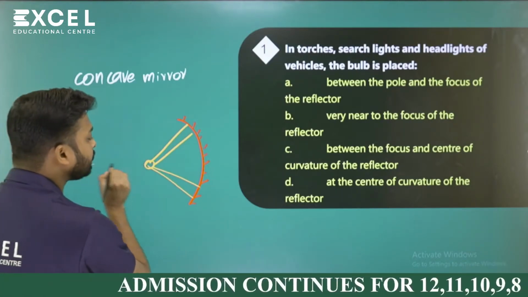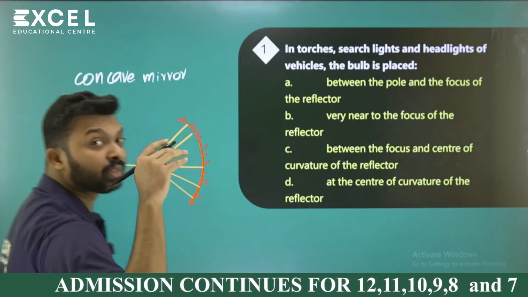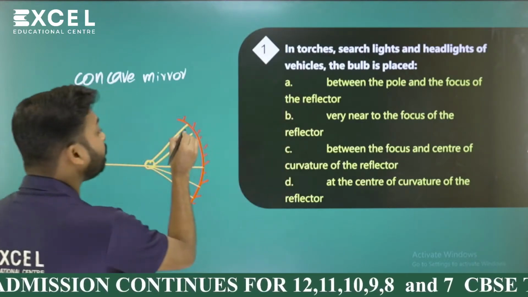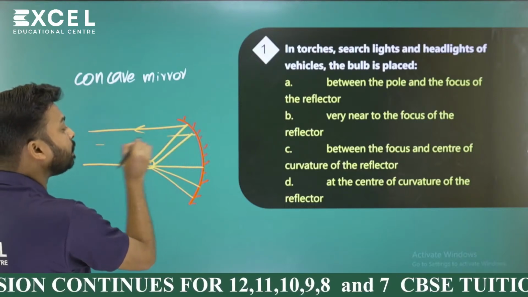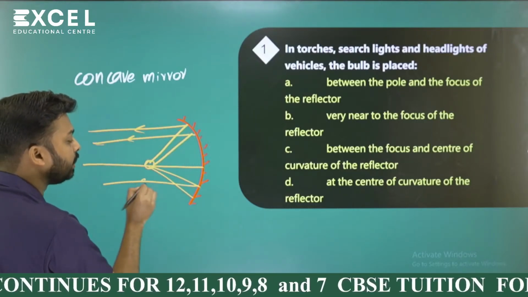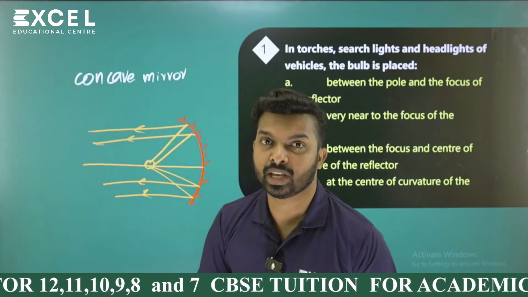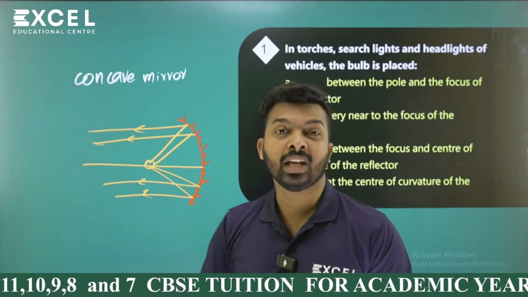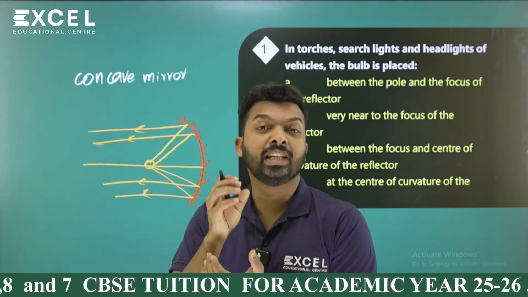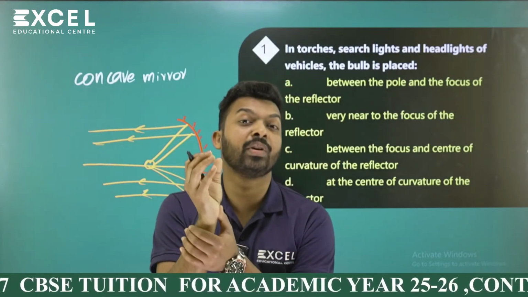After reflecting, the rays go parallel to the principal axis, which gives a strong beam. So this is the concept of keeping the bulb in the torch at the focus or very near to the focus.